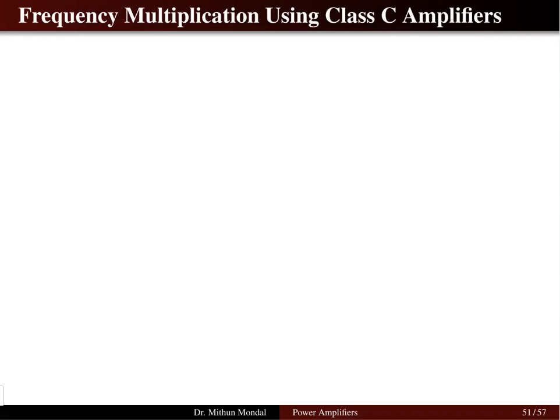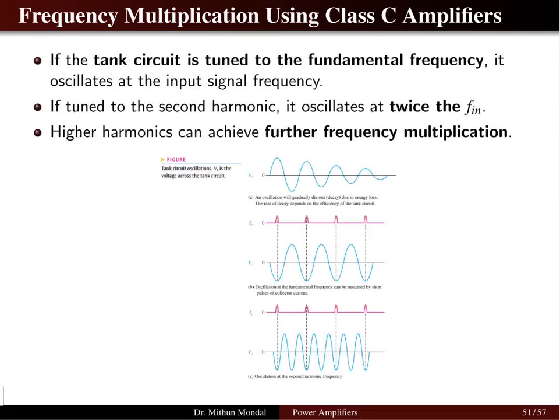There is frequency multiplication in the class C amplifier. If the tank circuit is tuned to the fundamental frequency, it will oscillate at the input signal frequency. If the tank circuit is tuned to the second harmonic, then the oscillation will be double the input frequency, and if we use higher harmonics, we can achieve further frequency multiplication.